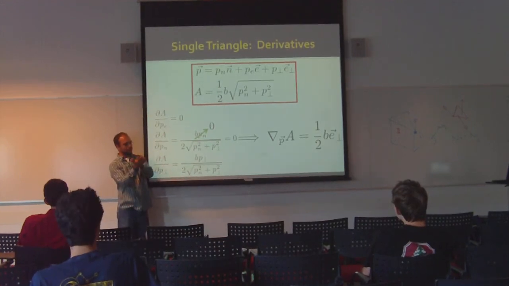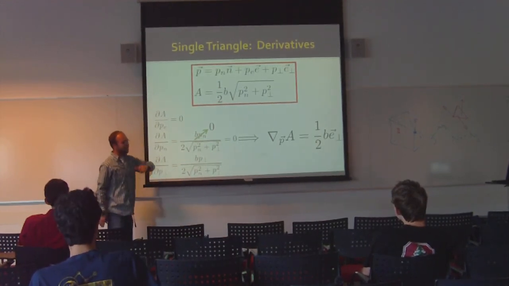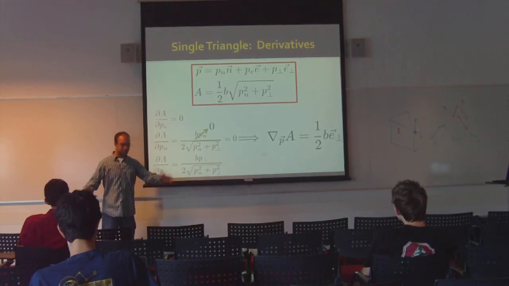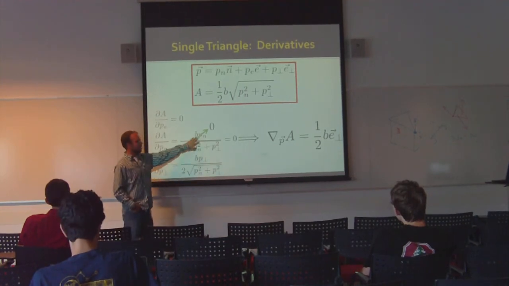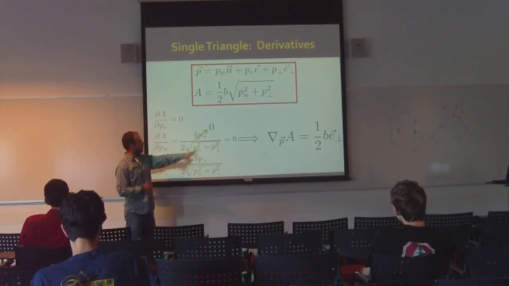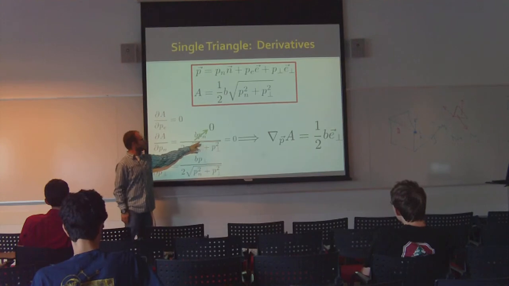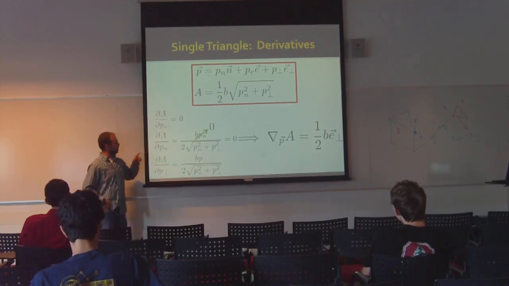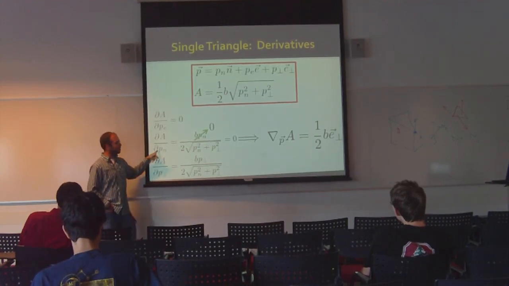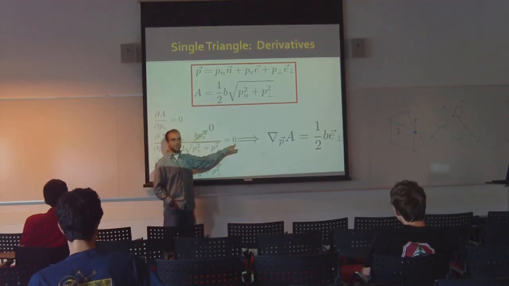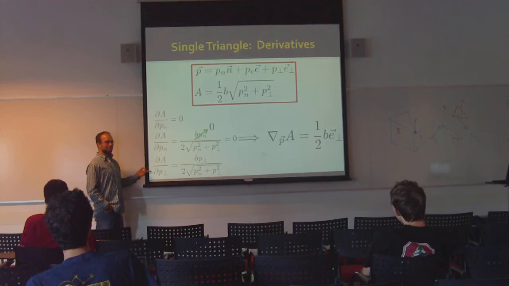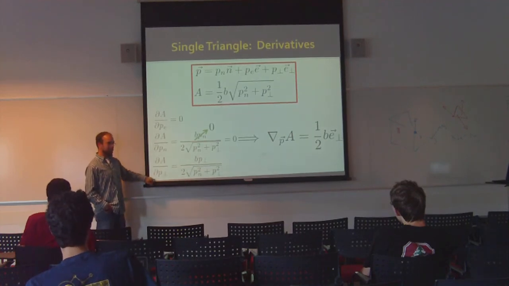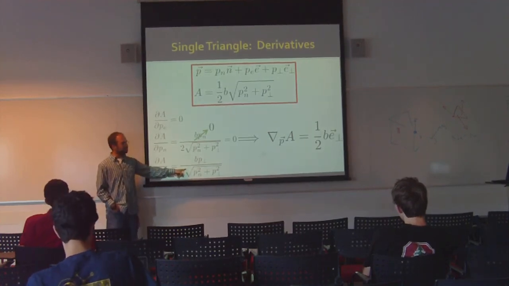I drew that triangle and defined our axes very conveniently, so that the first two coordinates were the triangle plane, and the third was the normal direction. So assuming our triangle starts out on the flat P sub n equals 0 plane, then to first order, the derivative of area in this direction is 0, because this number is 0. Sadly, it's not that nice for the derivative in this P perp direction. We just get this formula here. Such is life.